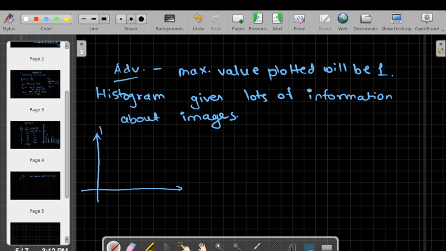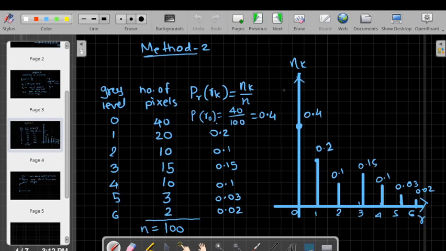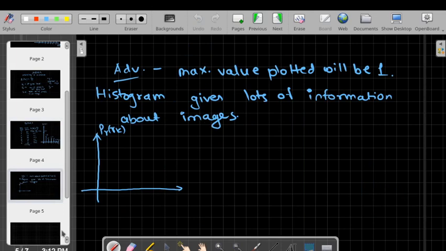This histogram is having, this is PRRK. Wait a minute, in the previous case it was not NK, but here it should be PRRK. So here it is PRRK and this is gray level R. So if we are having the histogram like this, it is the histogram for one case.